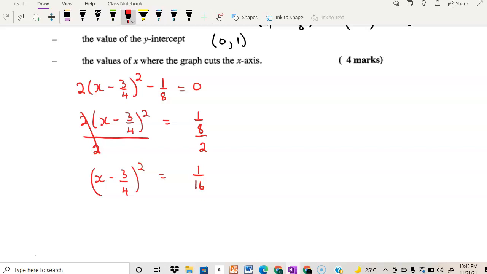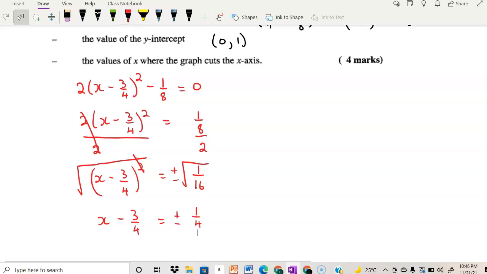Our next step, guys, is to get rid of the square. The opposite of square is square root, so we're going to square root both sides of the equation, plus or minus the square root. Cancel off that square there, and don't forget to put your plus or minus, guys. So what we have remaining is x minus 3/4 is equal to plus or minus 1/4.